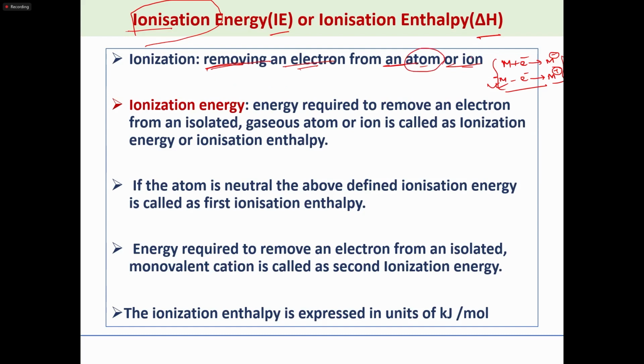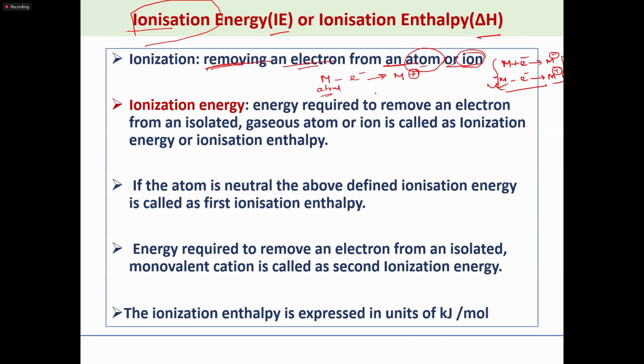That could be an atom or that could be an ion. What does that mean? Suppose I have M, one atom. We can remove one electron, then it forms M plus. So from an atom we are removing one electron.